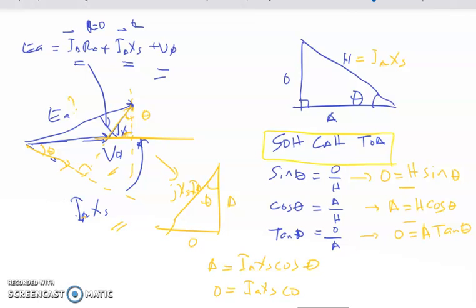Meanwhile, your opposite is sine theta. Okay. A is cos, opposite is sine theta.